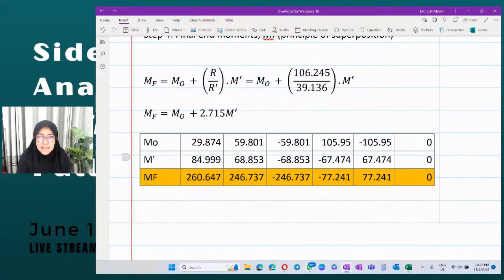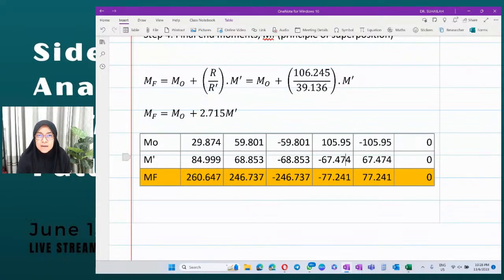For BA, negative 246.737. For BA and BC, for CB and CD, we get negative 77.241 and positive 77.241. And DC is 0 because of the pin support.